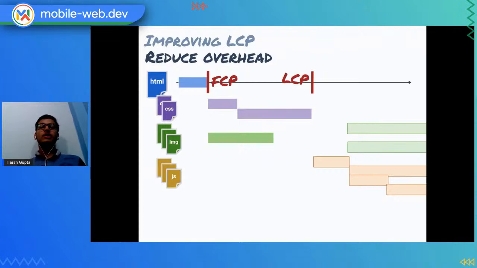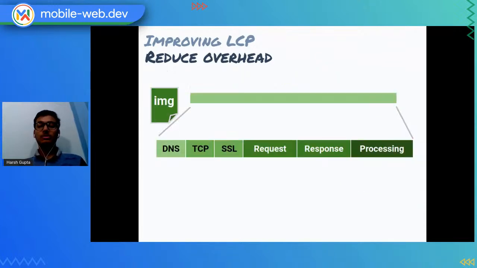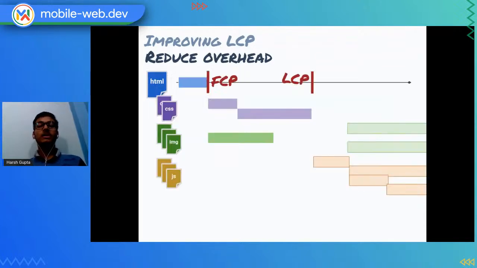Reduce overhead: it means that three or four files are being loaded immediately at the same time, from the FCP to the LCP, that is, the CSS, images, and JS. Three files are loading at the same time. This is not recommended, because our website could be really slow.